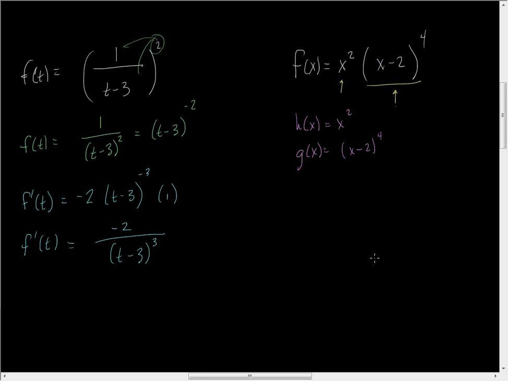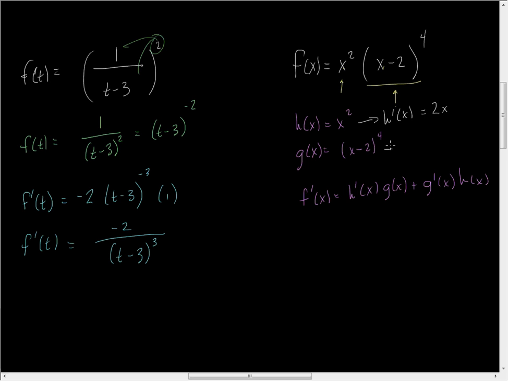And so now f prime of x is going to be the derivative of the first, which is h prime of x, times the second, g of x, plus the derivative of the second, which is g prime of x, times the first, which is h of x. All right, let's identify them then. Because h of x is x squared, then h prime of x is equal to 2x.